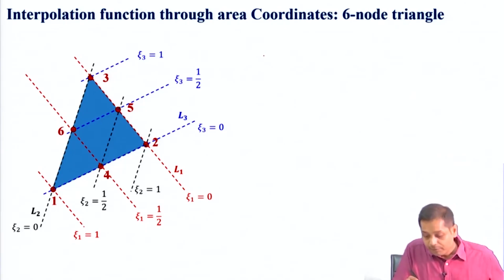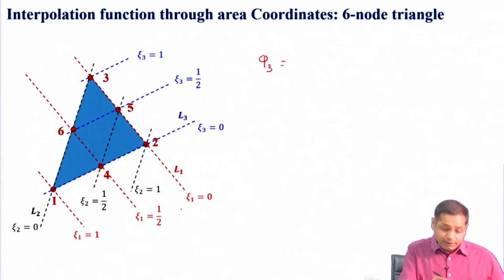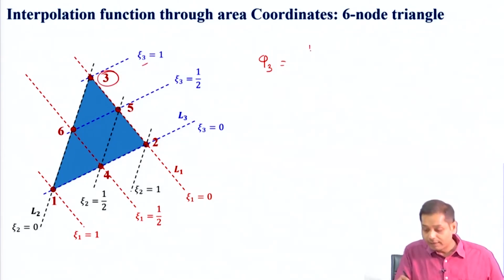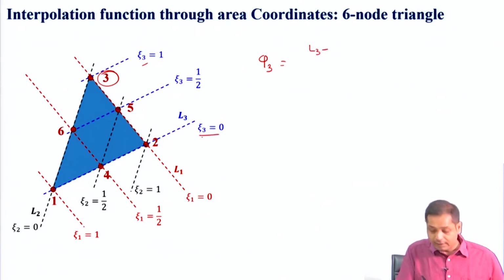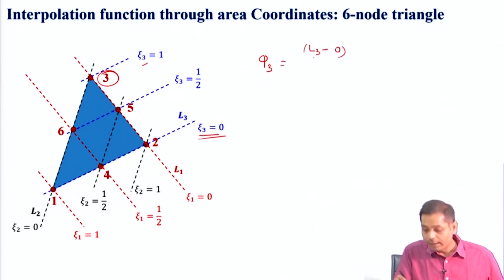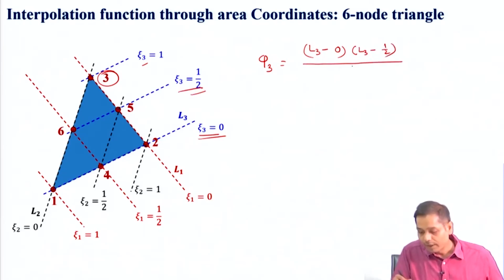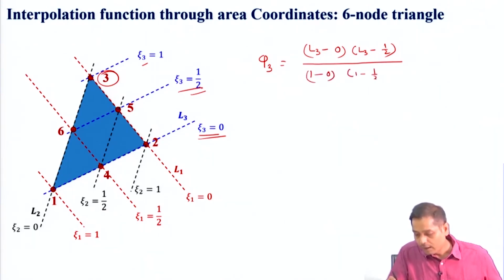Similarly for phi 3, for this node, L3 minus xi3 will be 0, and L3 minus xi3 is equal to half for the mid side node, divided by 1 minus 0 and 1 minus half.